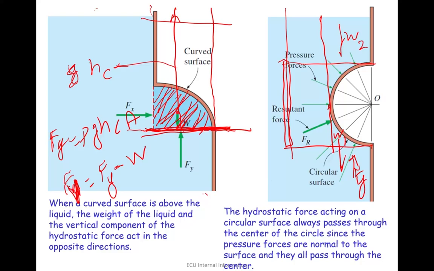So the vertical force would be Fy minus W1 minus W2, because they are downward. This is easy: W2 is easy to work out, W1 is also easy, which is the weight of water there, and Fy is also easy. This is how we treat curved surfaces.